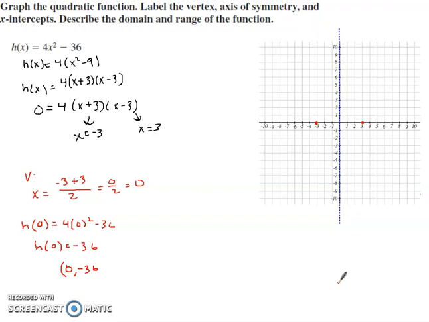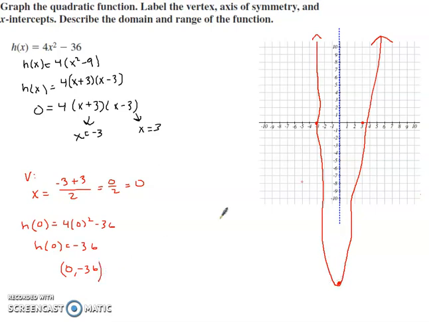So my vertex would be somewhere way down there, and my graph is going to look something like this. Except clearly much nicer looking. Let's try again. No, not much better. But your parabola would be upward facing, and it would have a vertex of (0, -36).